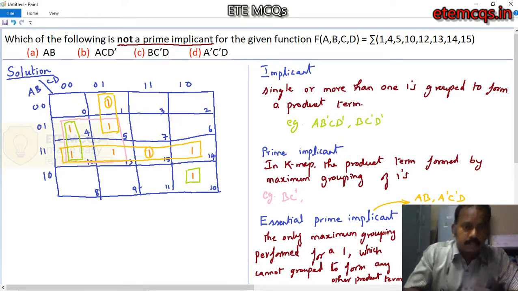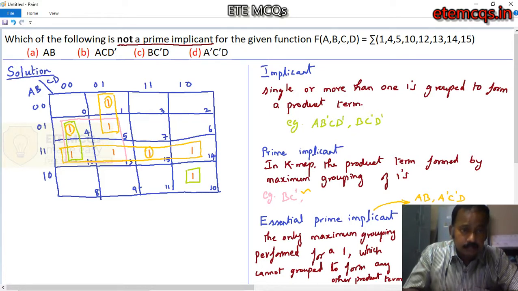Okay, likewise, there is no better grouping other than this. It accidentally includes this one also. So you don't have to perform any grouping for this one in particular. Whereas if you consider this one, for the sake of this one, the perfect grouping is the prime implicant grouping BC dash, because it forms a quad, and at the same time there is no better grouping for this one other than this quad.